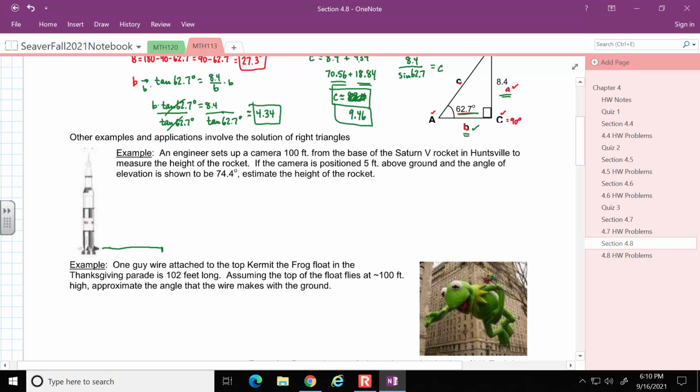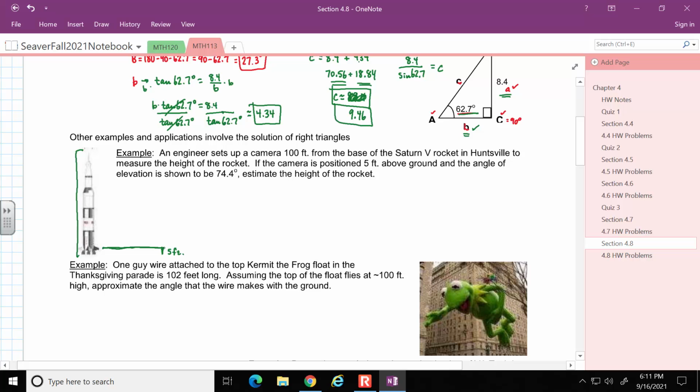So I've got a camera setting up out here, and I've got a little triangle I'm forming here. Now, the first thing I'll say is this camera is positioned at 5 feet above the horizontal. All right? So I want to know the height of the rocket.